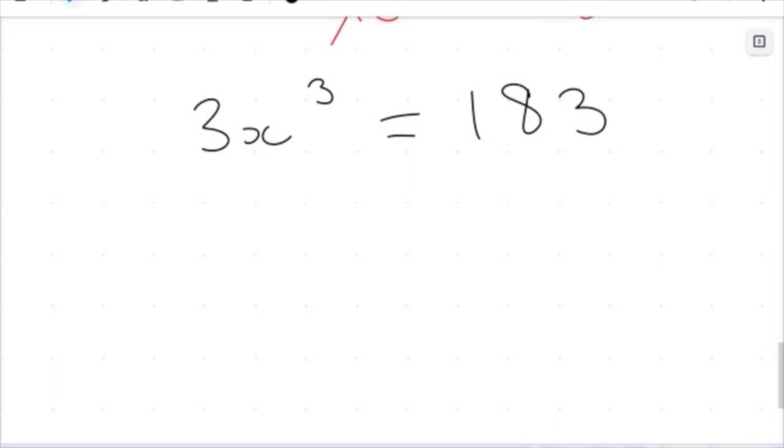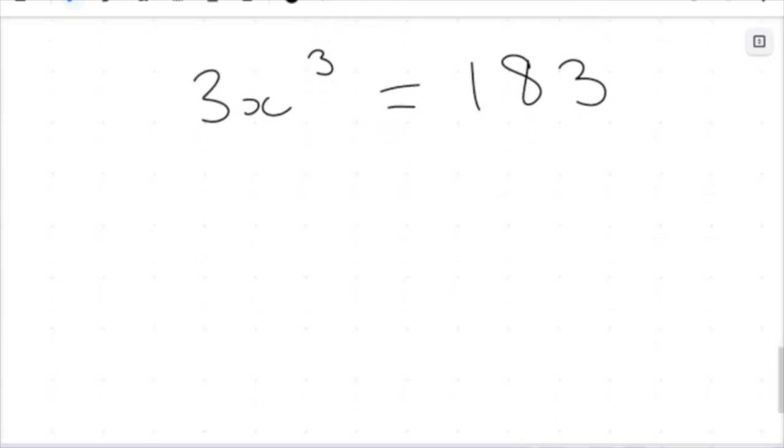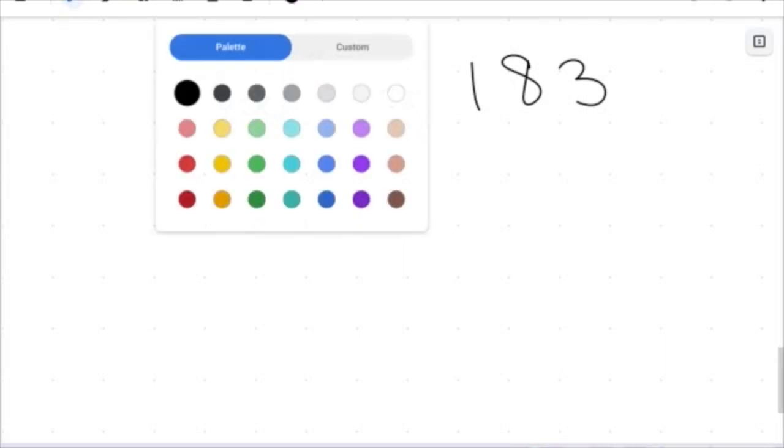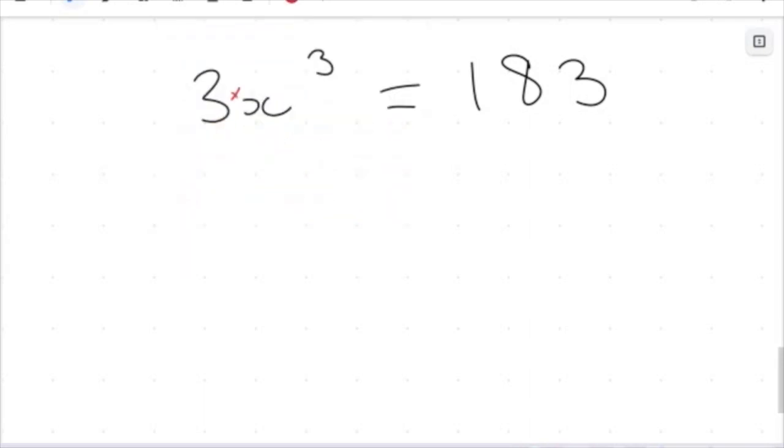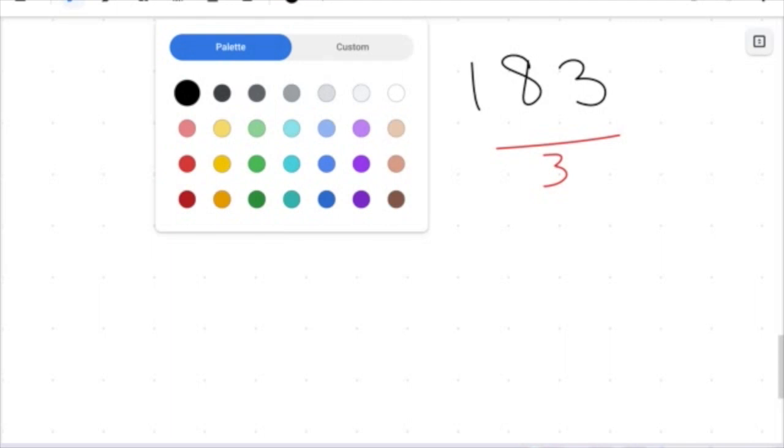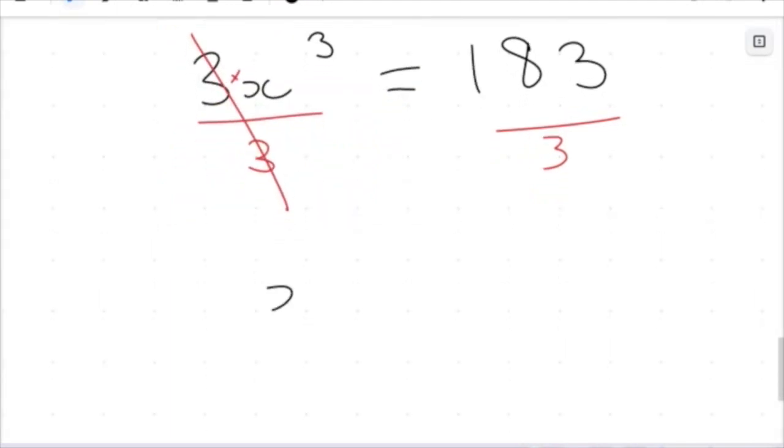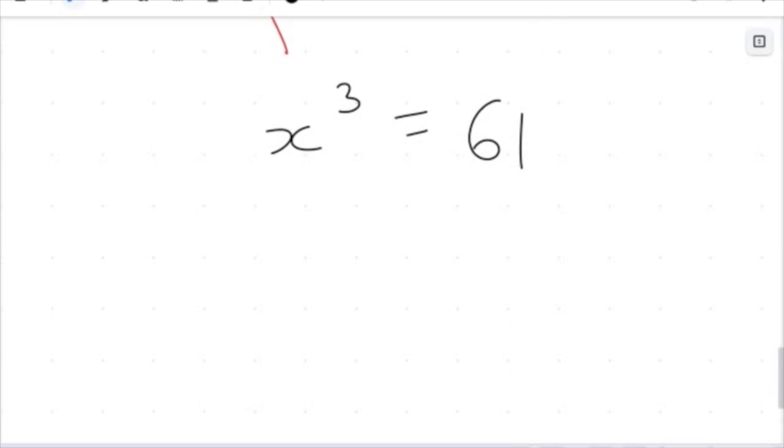Now I want to isolate my x cubed. 3 here is multiplying by x cubed, so I want to divide to undo this multiplication by 3. So I want to divide both sides by 3. That gives me x cubed on its own here, and I get 61 on the right hand side.